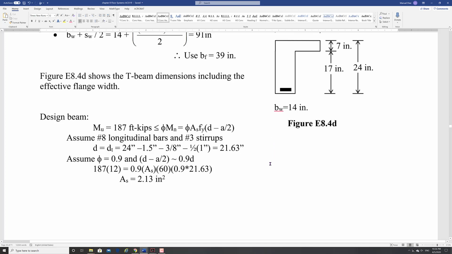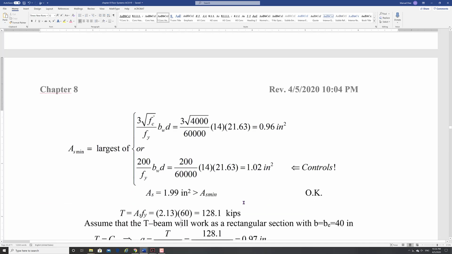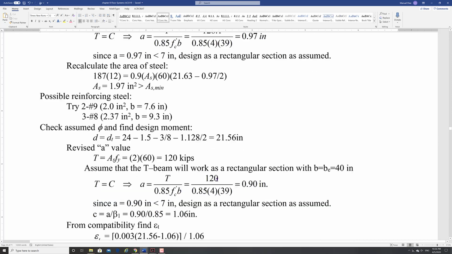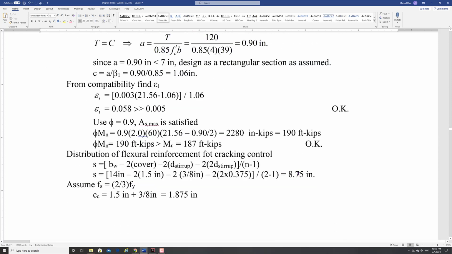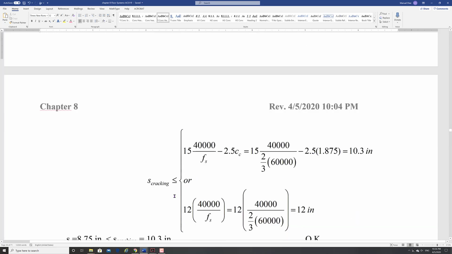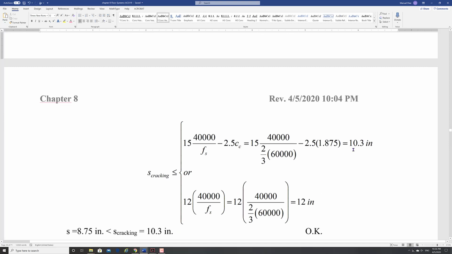And the exact value, using the formula, is 8.75. So that's a quick check. Notice that you are below the numbers, so you are good. As I said, the spacing on the beams can be done as a quick check without having to run so many formulas.